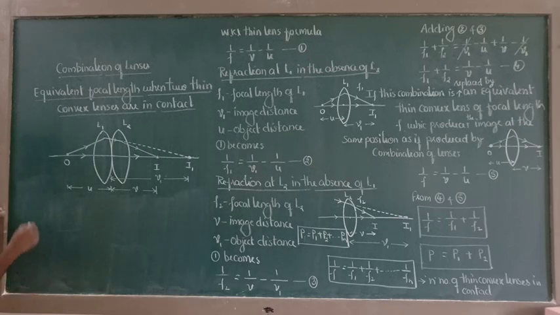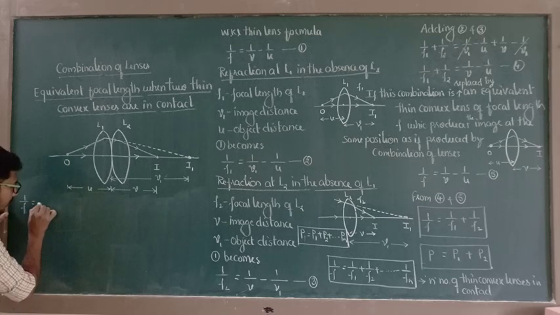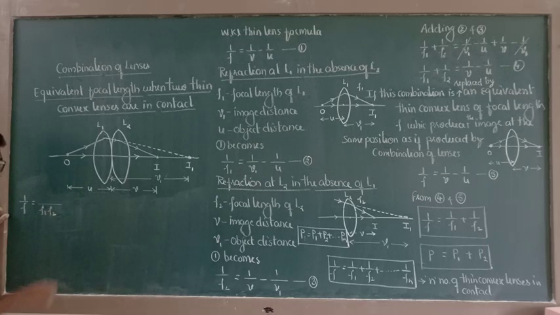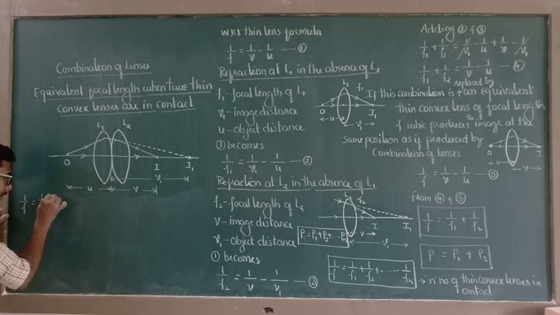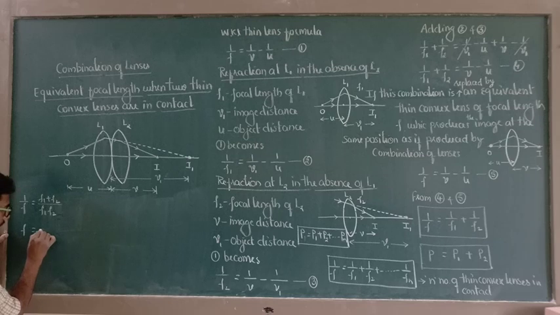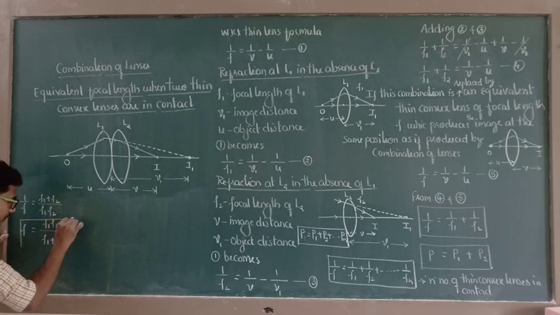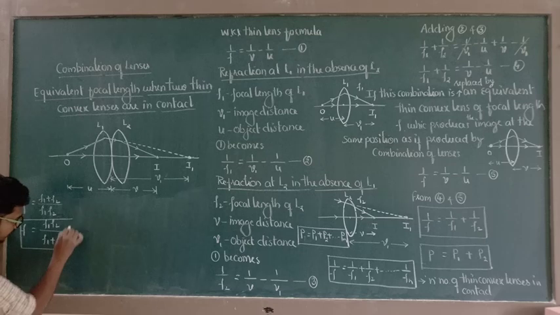Then 1 by f, taking LCM f1 f2 in the numerator, into f2 plus into f1, or f1 plus f2, so f is equal to f1 f2 divided by f1 plus f2. So this is also an expression for equivalent focal length.